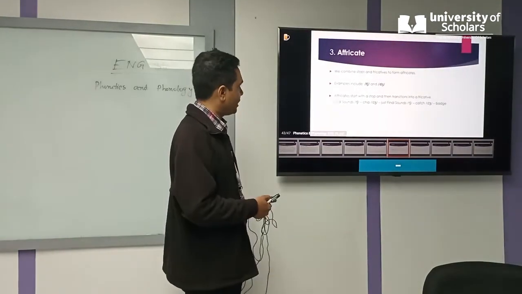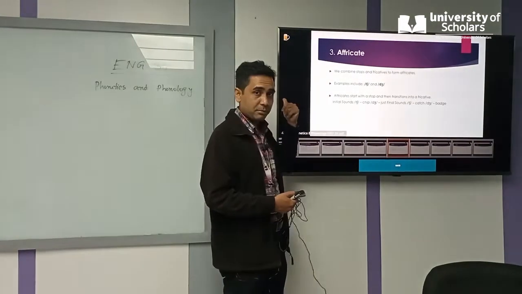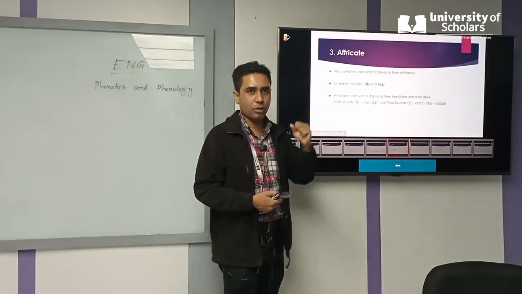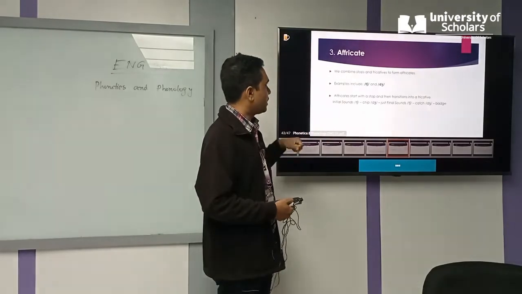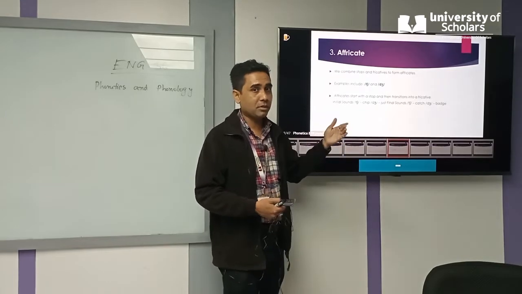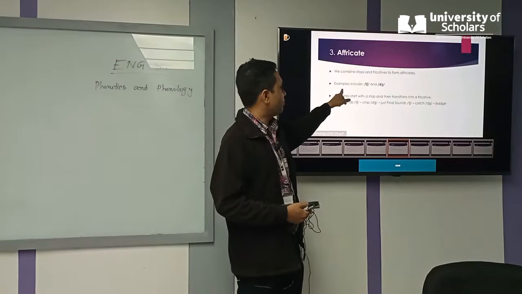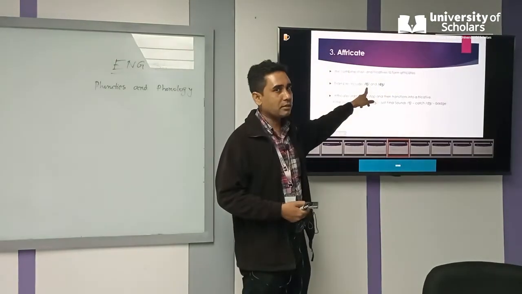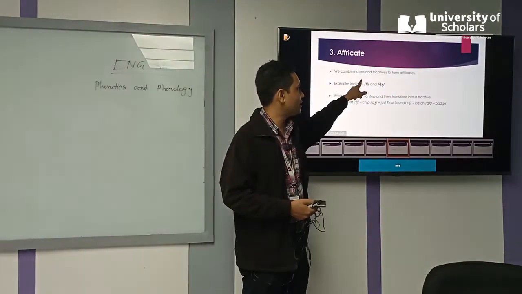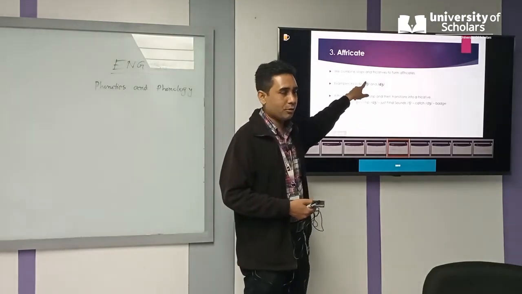Affricate. This is a combination of stops and fricatives. That means first we are stopping, holding the air, and then releasing like fricatives, with friction. We're holding fully and releasing. So, for example, can you remember the symbol? What is this? Okay, you can find it in the IPA chart if you don't remember.